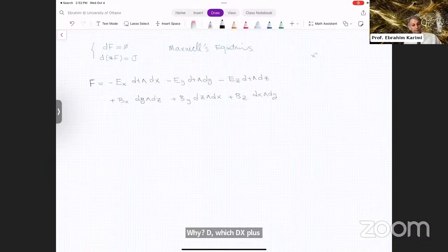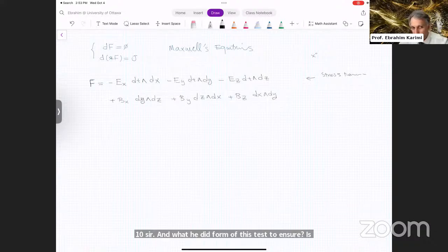Good. Remember, this is the stress tensor. And what is the form of the stress tensor? Is it a one form, zero form, two form? It is a two form.